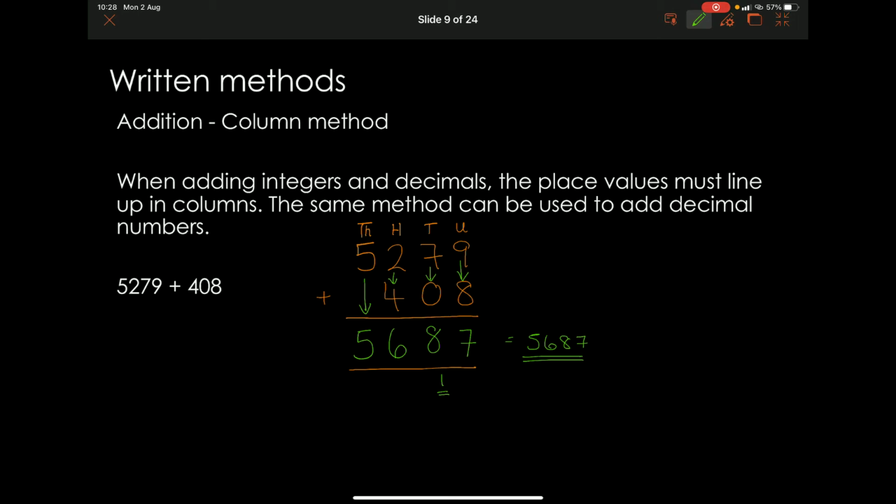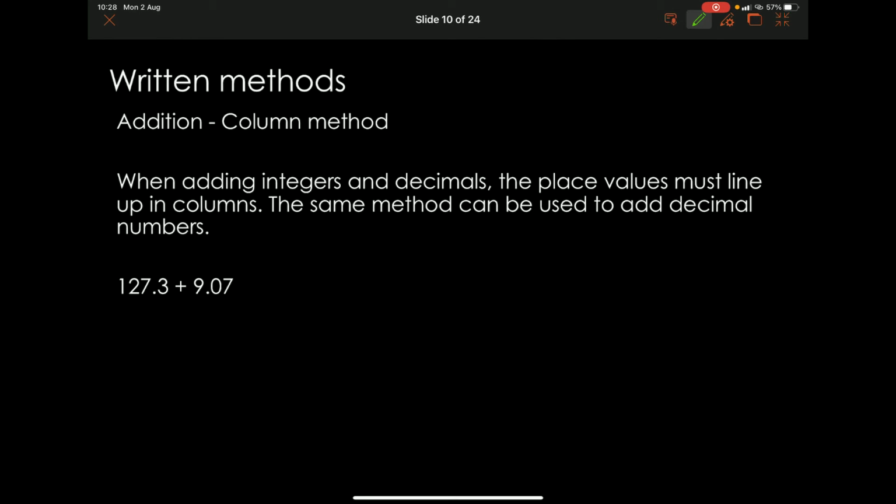Okay, why don't you have a go at this next one, and we are adding some decimal numbers together here. So again, pause the video and just have a go, and then we'll go through it. Okay, if you've had a go at that, what we're going to do is we're still going to write out our numbers the same, and we need to line up our decimals.